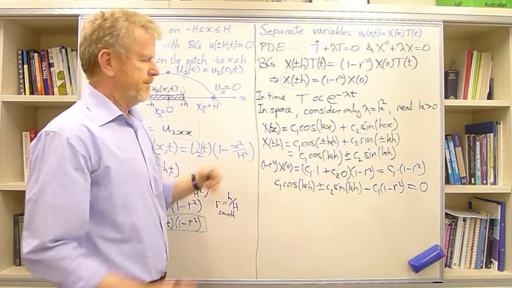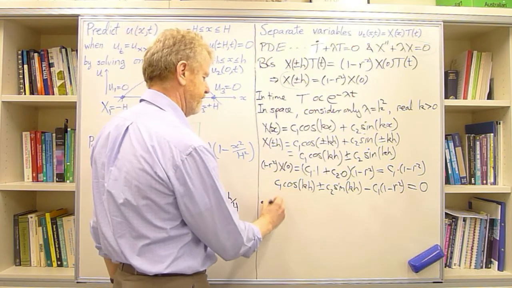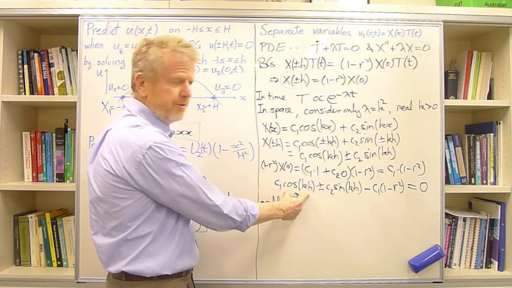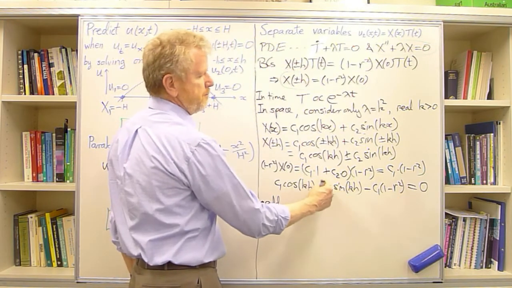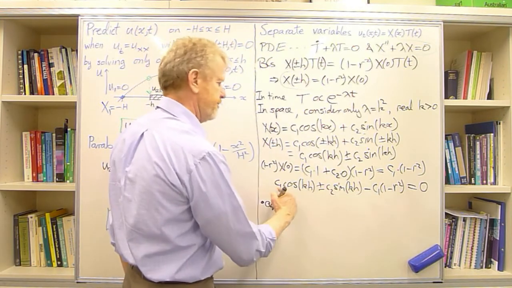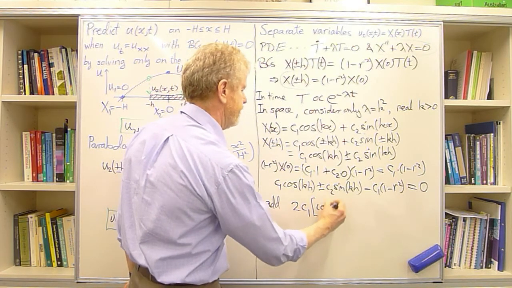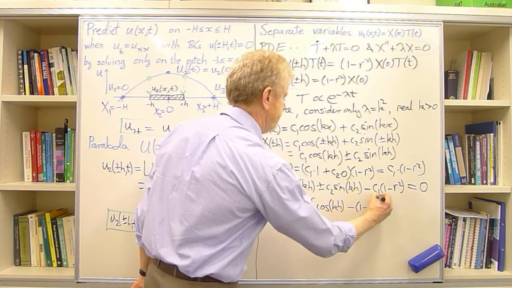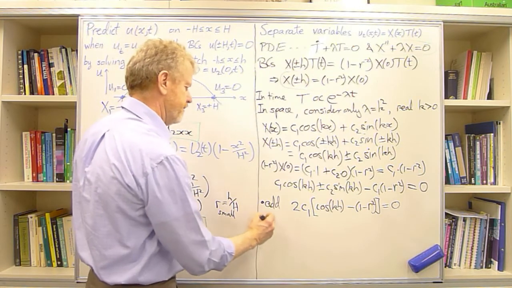We can simplify it by firstly looking at the addition of those two equations. So add them together and we get 2 of these and 2 of these, but this plus or minus when added together gives us 0. So the net result is 2 times c1 times cos kh minus 1 minus r squared is to be 0.